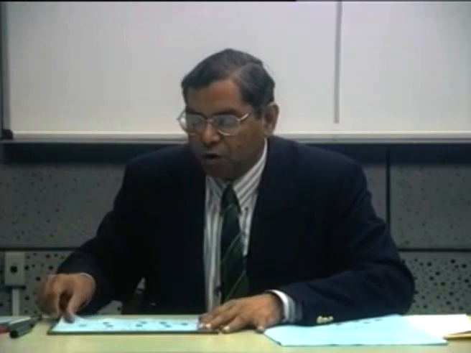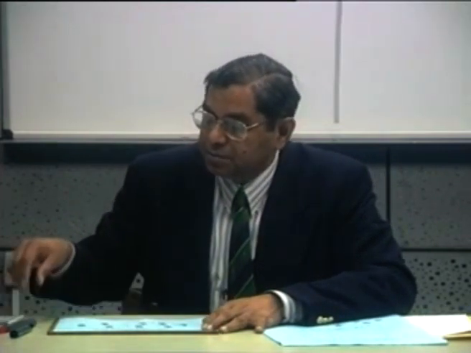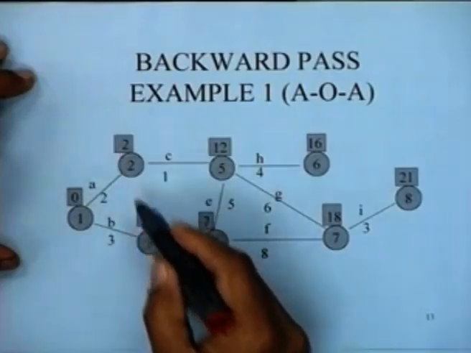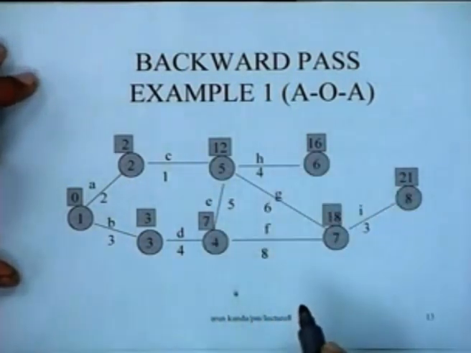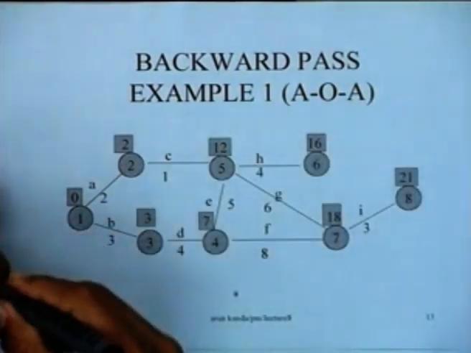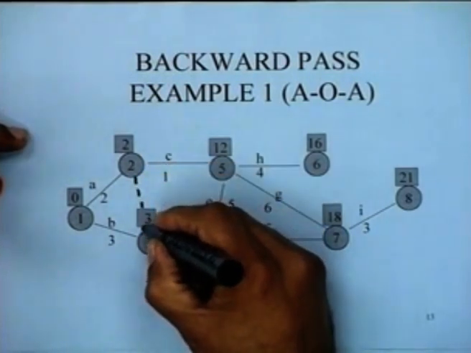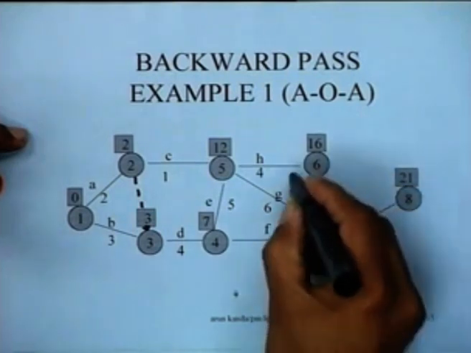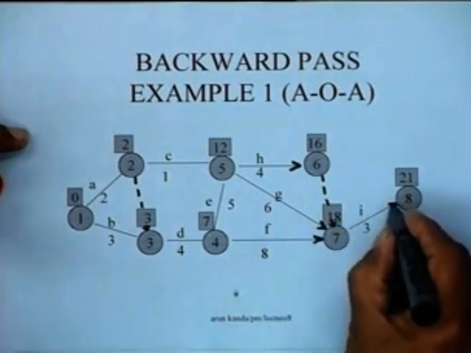We have already done the forward pass for this particular network. In the forward pass, we have identified the numbers which are written in the top boxes. Recall that this network has a dummy here, and another dummy here which goes in, and of course the directions of the arrows are as shown here.